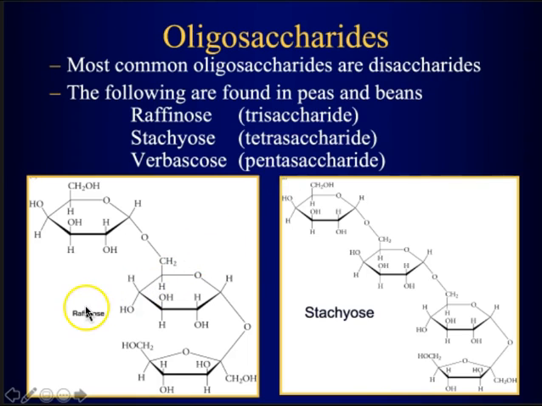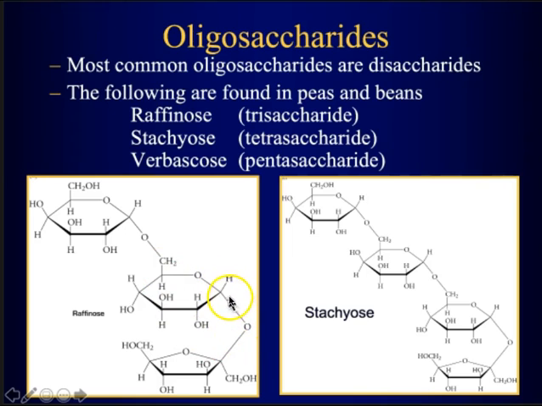So we have our raffinose. These are our 3-residue carbohydrate or 3-residue oligosaccharide. So we've got an alpha 1, and then this is attached to 1, 2, 3, 4, 5, 6. So this would be an alpha 1,6 bond.